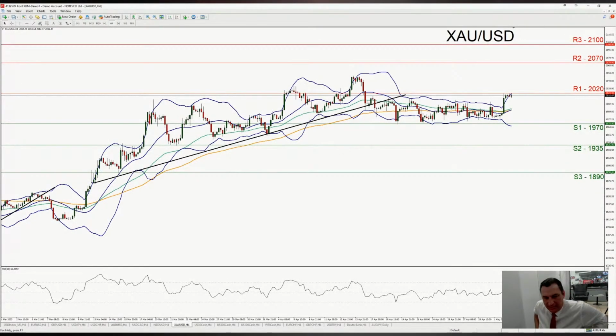So that tends to imply some slight bullish tendencies here for the precious metal, which may push it higher to break the R1 2020 and start aiming once again for the all-time high level of 2070.